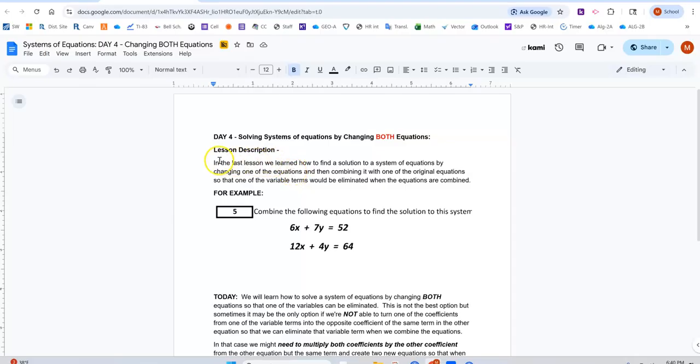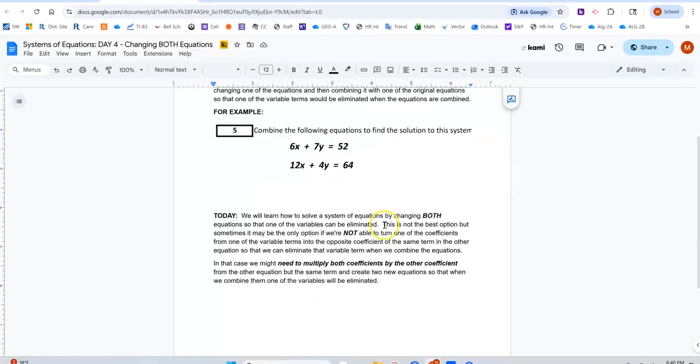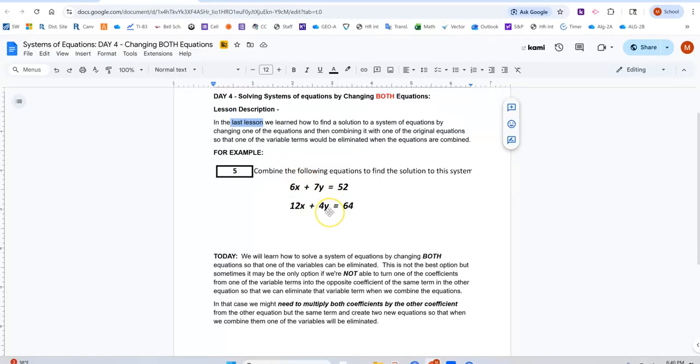But basically, in the last lesson, we learned how to find a solution to an equation like this, right? Because when you look at this equation here, if we add it together just as it is, we'll still have 18x plus 11y. We'll still have two variables.